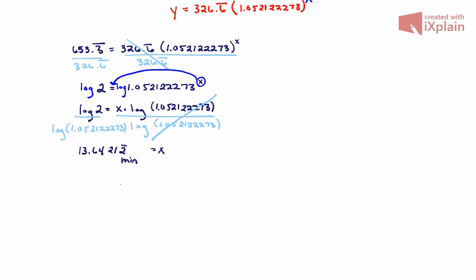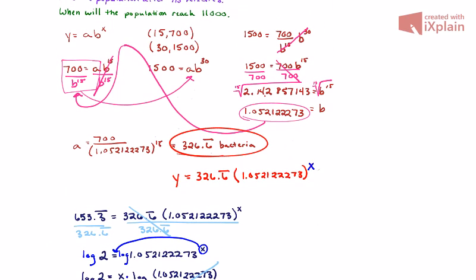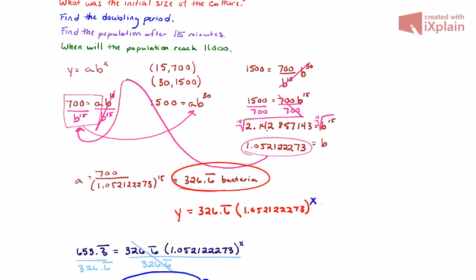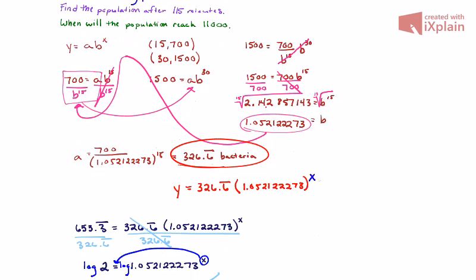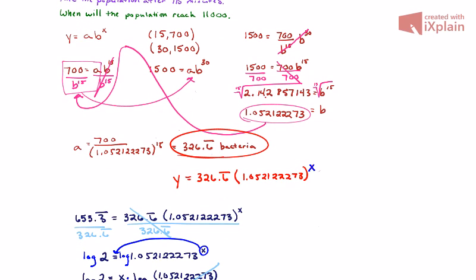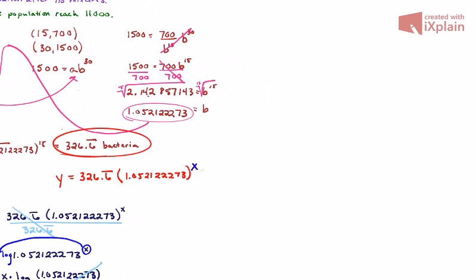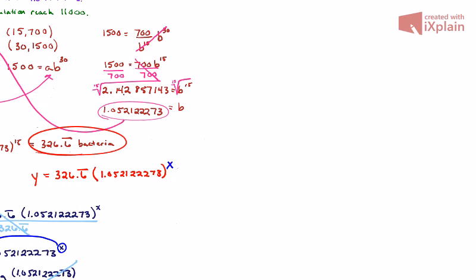The third part of our question is to find the population after 115 minutes. So I'm going to scoot this over so I have access to some other information. I want to work with this same equation that we came up with.